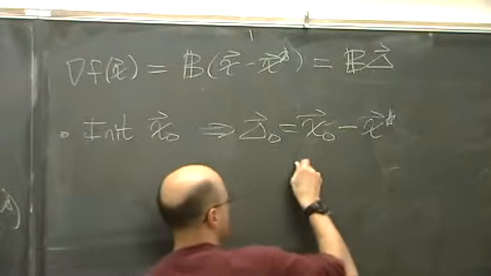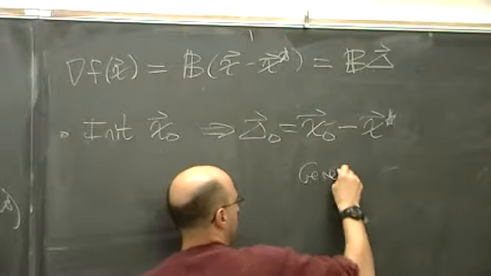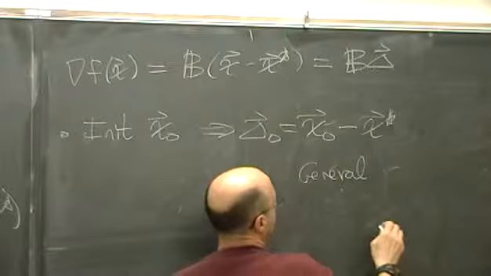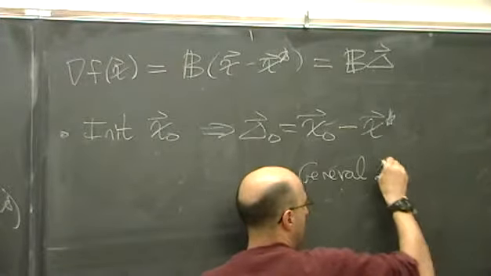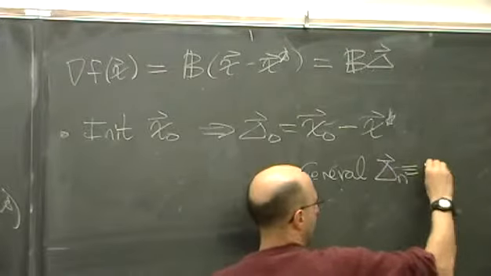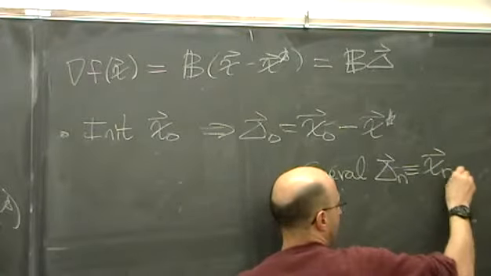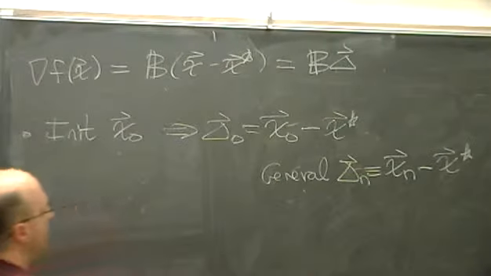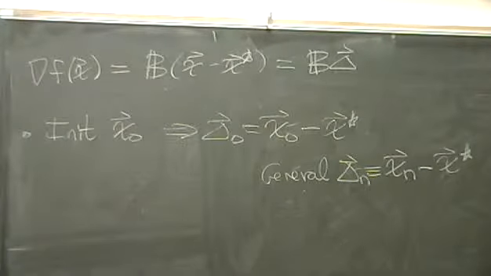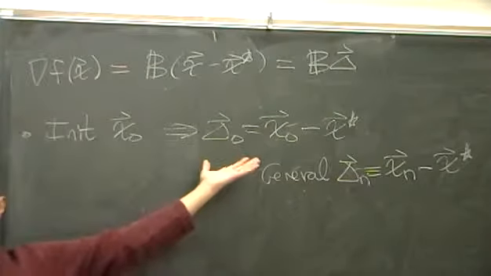And by the way, just a little note, in general, I'm going to define the error I'm making at any particular step in my iteration as, naturally enough, the difference between where I am at that iteration and the final solution. So that's the first part of my algorithm. It just defines my initial error.